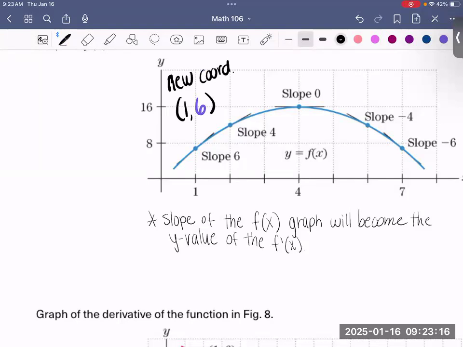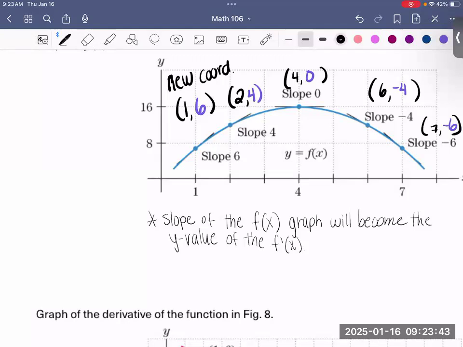And so again, if we were to make new coordinates, we have, let's see, 2, 4. And then 4, 0. Let's see, 6, -4. And one more, 7, -6.